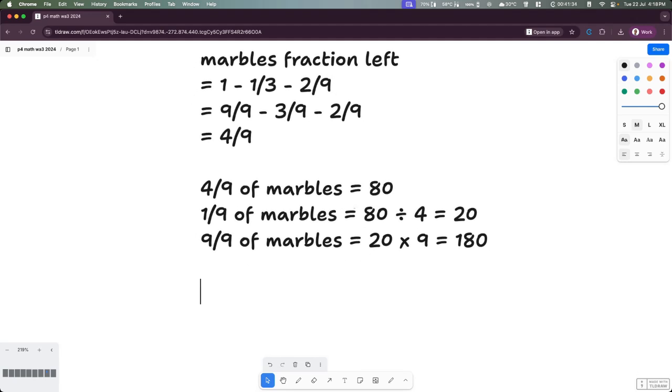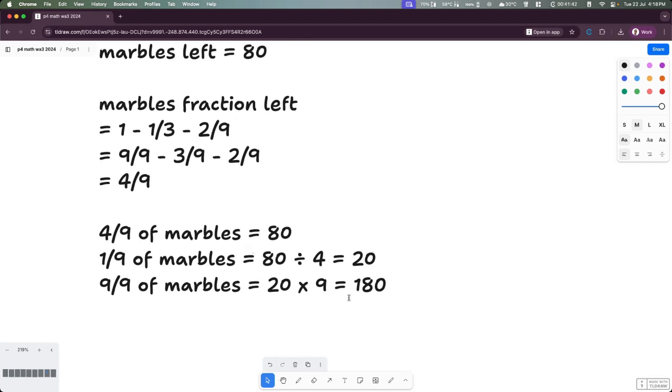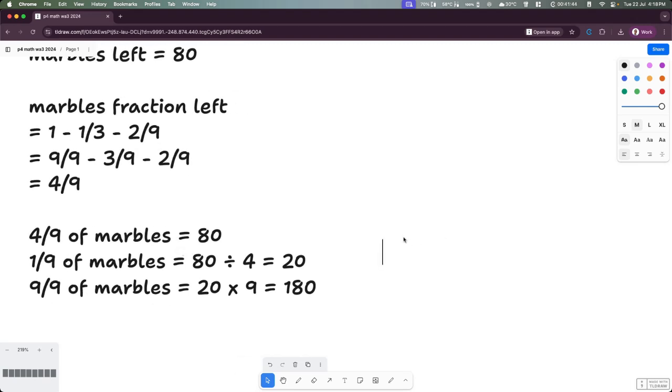Another way, let me write down another section, is saying that 4 units is equal to 80, and the total is equal to 9 units.